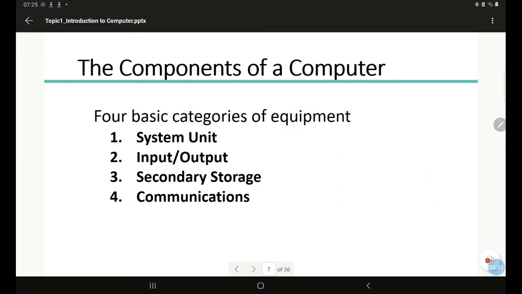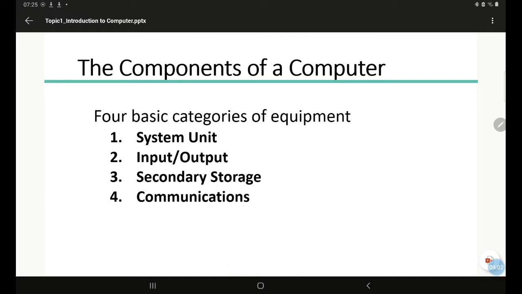These are the 4 basic categories of equipment for a computer. If a device consists of all these 4 categories or components, it is called a computer. It has the system unit or the processor, which is the main component. The system unit is the brain of a computer, and it has to have input and output devices.